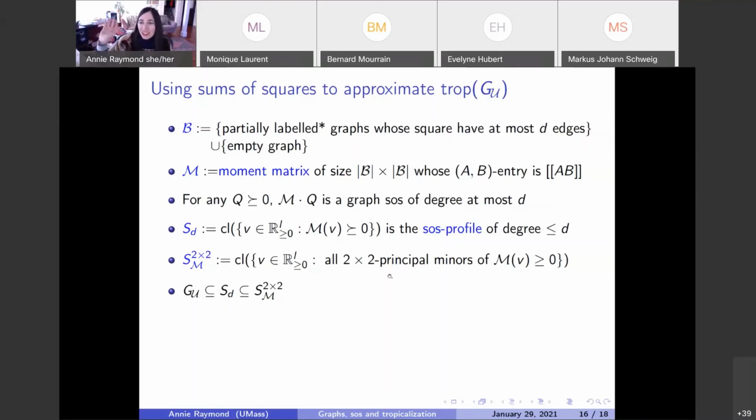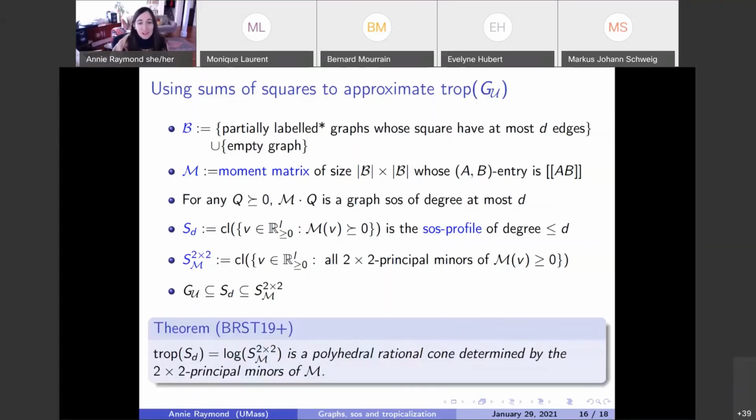Greg was talking about NEK here. We're just talking about 2x2 principal minors. And so then we get this relaxation. We have our graph profile, our sum of squares profile, and our 2x2 principal minors profile. And the 2x2 principal minors profile, we can fully explain. That's a polyhedral rational cone that we can fully describe. This gives us a way of approximating the graph profile, and sometimes it will be enough.